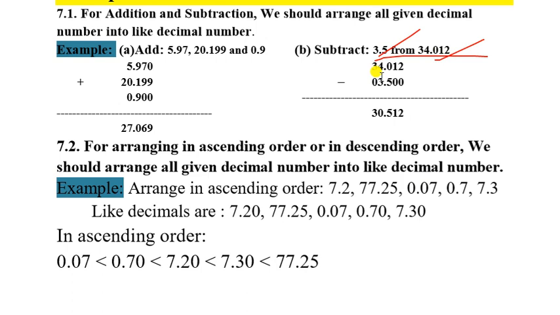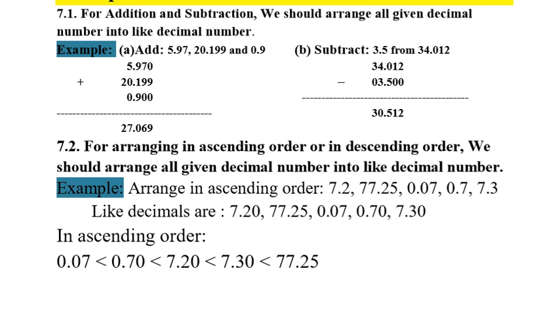First we have to subtract from 34.012, that's why I have written 34.012, then 03.500. If you subtract, then you will get 30.512. So remember this, for addition and for subtraction it is necessary to convert into like decimal numbers.